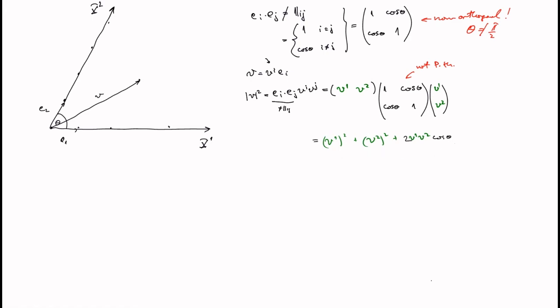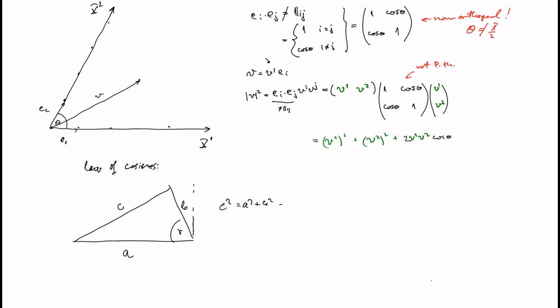Okay, so what it reminds me of is something called the cosine theorem, or the law of cosines. So how does the law of cosines work? Well, you have a triangle which is not a right triangle. There is a gamma which is different than pi half, and you want to calculate this length C in terms of A and B. So C squared is A squared plus B squared minus 2AB cosine gamma.